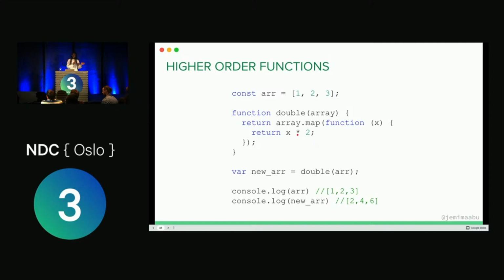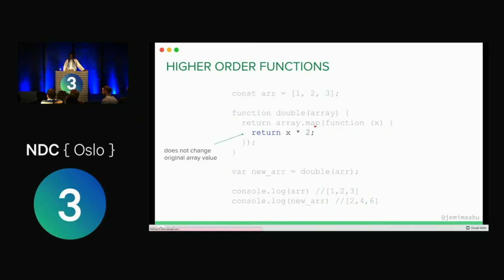It does not mutate your original value. The same goes for maps, forEaches, and reduces. You always want to avoid mutating original values and only create new instances. So things like map, higher order functions, are used a lot in functional programming to avoid having mutated values. And that's it. It's beautiful.